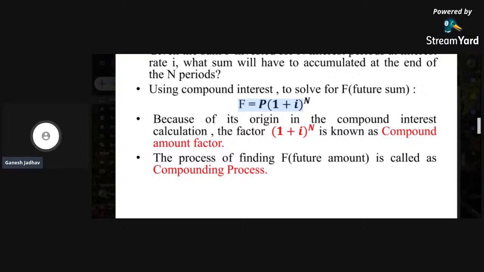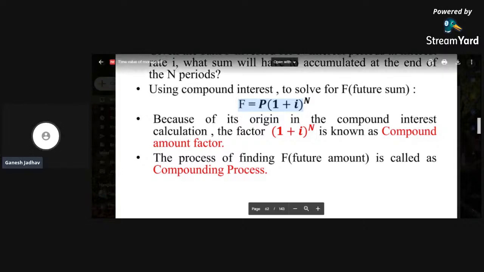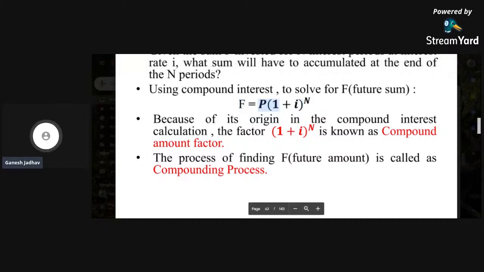So F is equal to P in bracket 1 plus I raised to n. Because of its origin in the compound interest calculation, the factor 1 plus I raised to n is known as the compound amount factor. So what is the compound amount factor? Not P, but only 1 plus I raised to n.